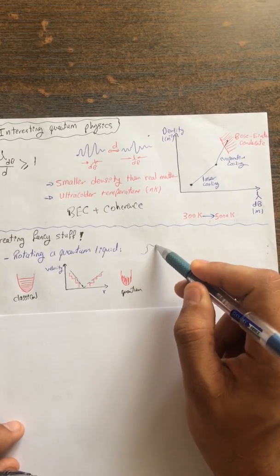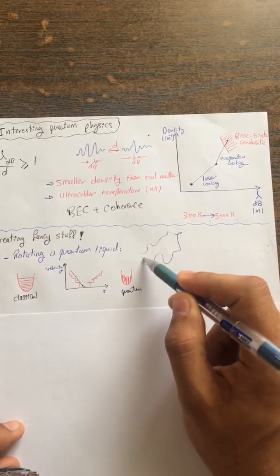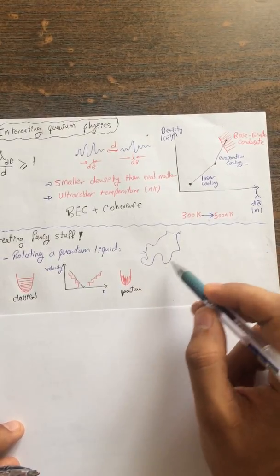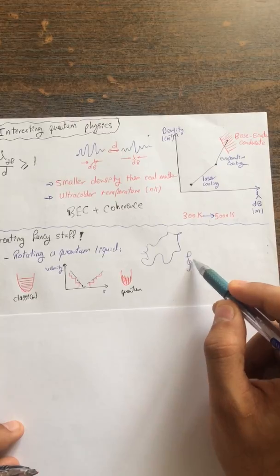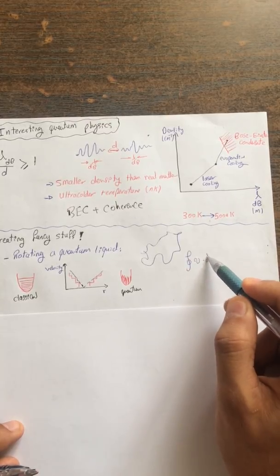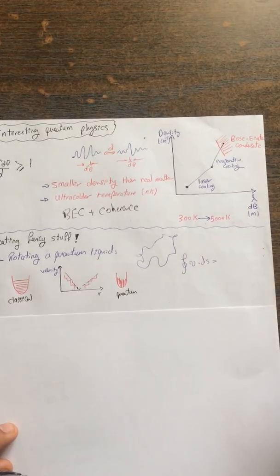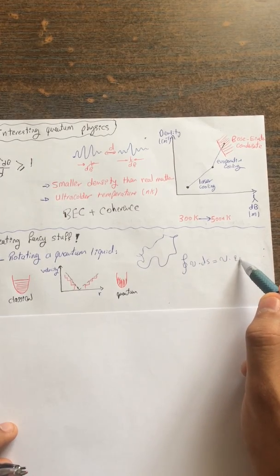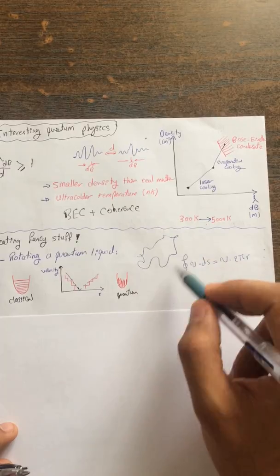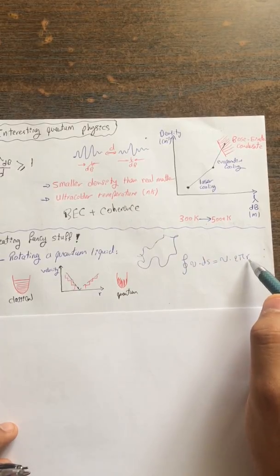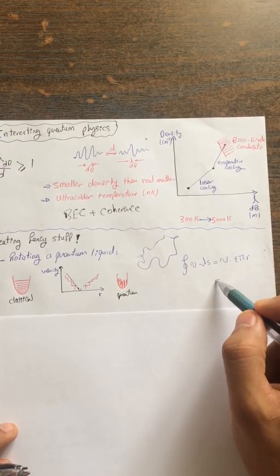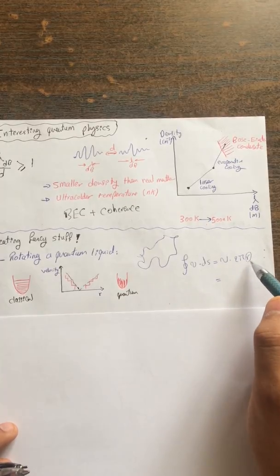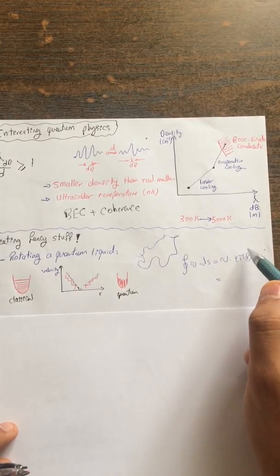If you take the contour integral of the velocity here, you recover the velocity times 2 pi r, let's say, fitted with a circle, where r is the radius.